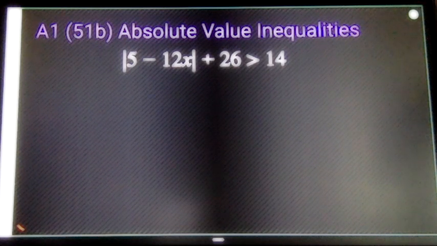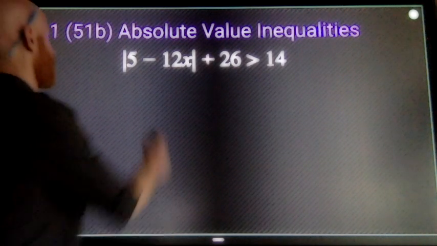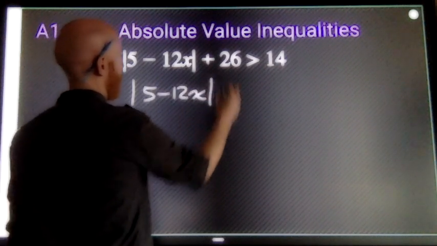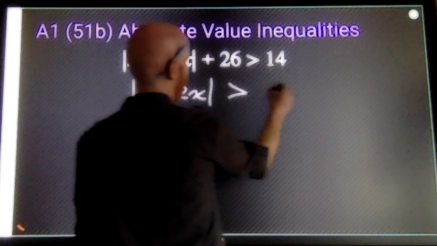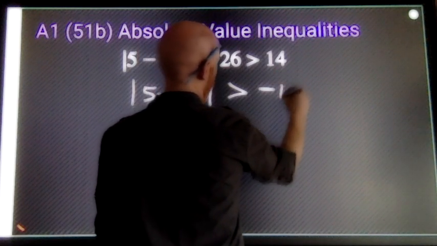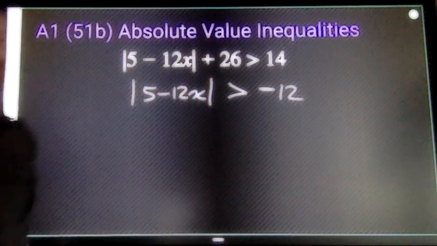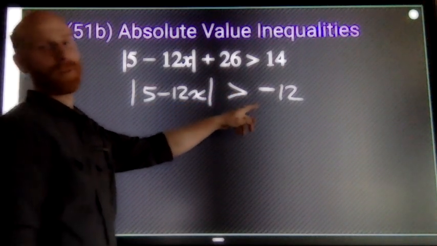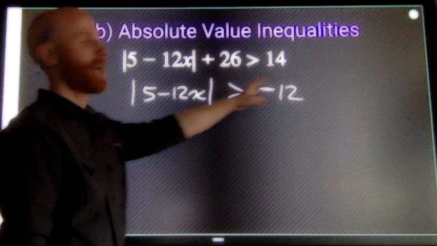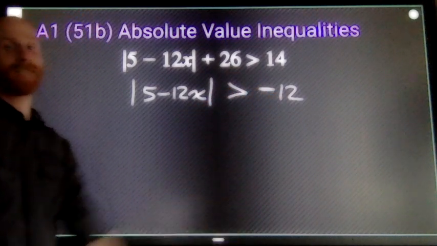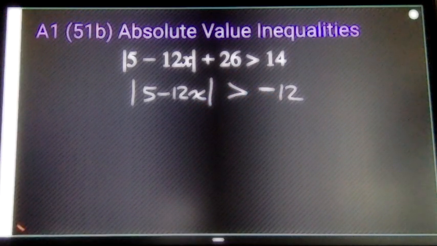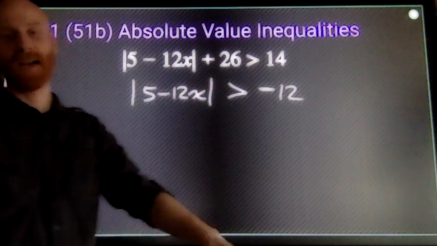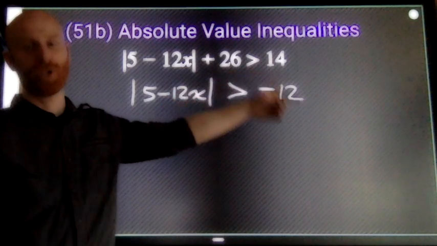All right, check this one out. Special circumstance. If I subtract 26 from both sides, we're going to have a negative number here. Negative 12. Okay? Remember, with less than situations, this was a problem. We can't make an absolute value less than a negative number. With greater than situations, we actually have the opposite problem, although it's not as much of a problem. I cannot pick an x to make this untrue.